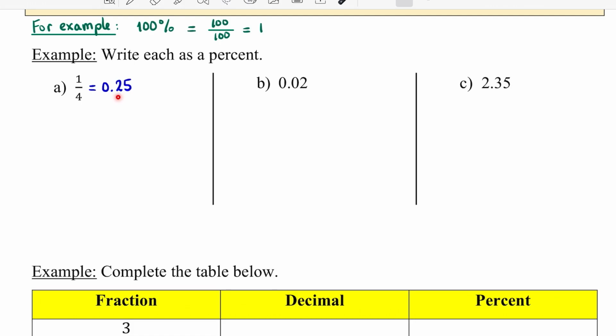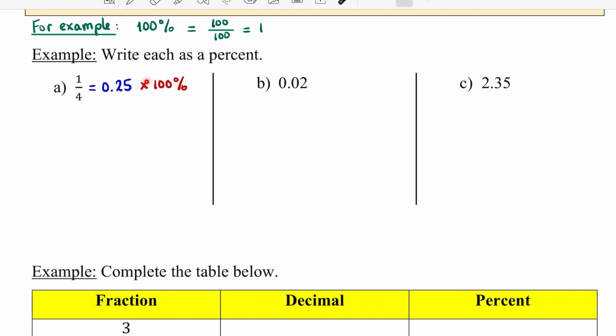So I'm going to multiply 0.25 with 100%. One of the reasons why I'm multiplying by 100% is because I need the percent notation. Now the question is, does it have to be 100%? Can it be 20%, 50%, or 70%? The answer is no. It cannot be 20%, 50%, 70%, or any percent other than 100% because 100% is equivalent to 1.